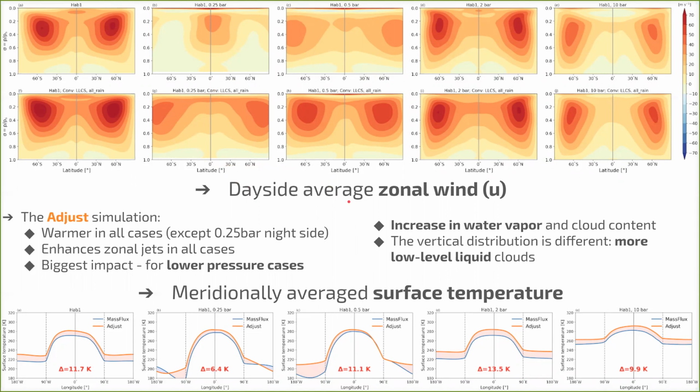And I'm not showing it here, but at the terminators, we see the increase in water vapor analogous to what I've shown before. But the vertical distribution of low-level clouds is different, and this is especially seen for the liquid phase.